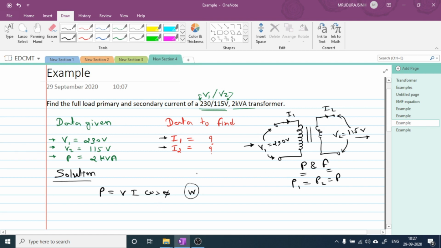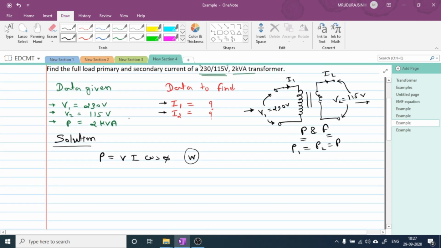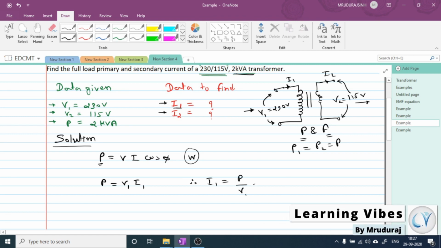But over here the power given to us is kVA, and when we convert watt power in kVA, or simply if we write equation of power for kVA, then P is equal to V into I. So the power of transformer is 2 kVA, so P. If we want to find primary current, we will take primary voltage and primary current. So I1 is equal to P by V1.